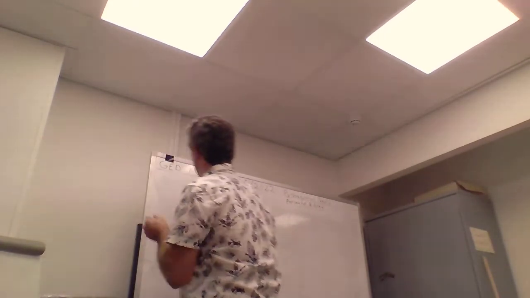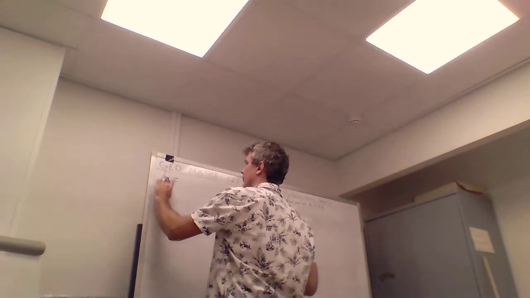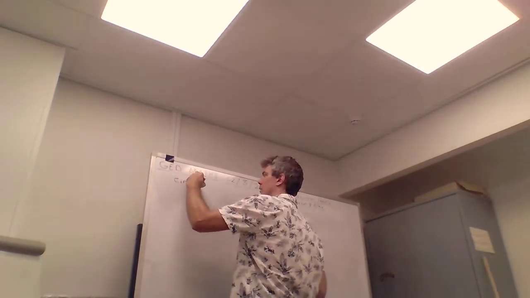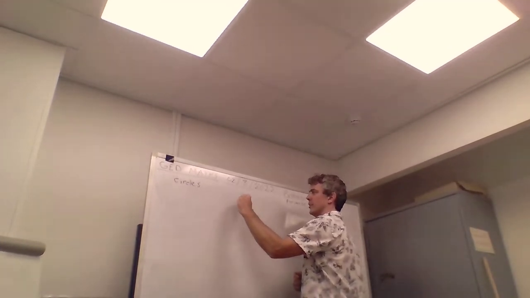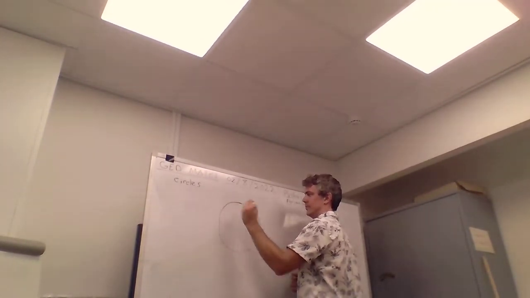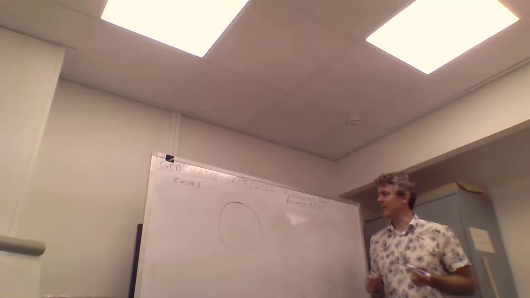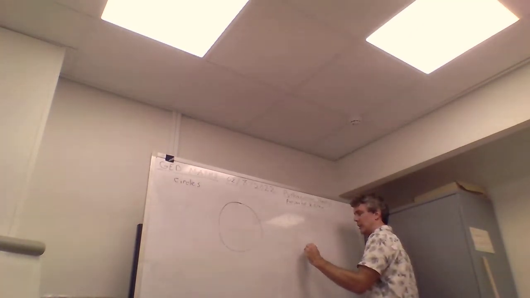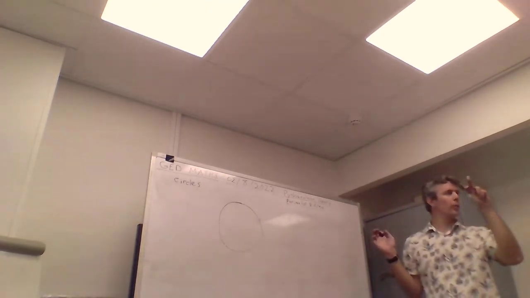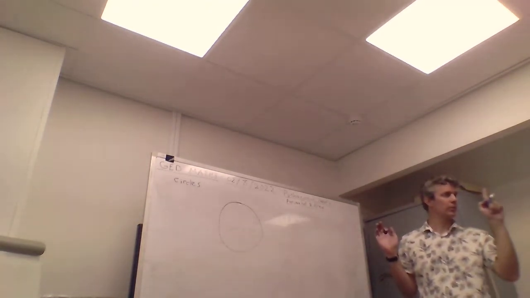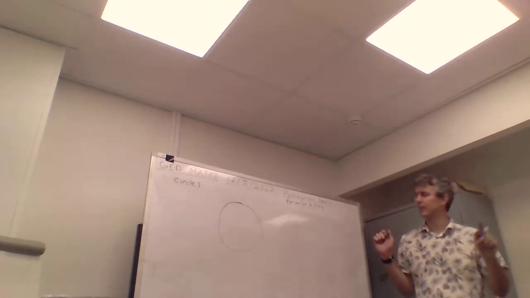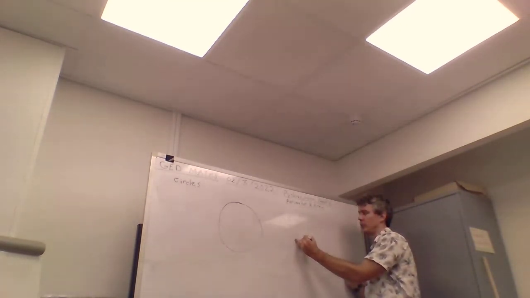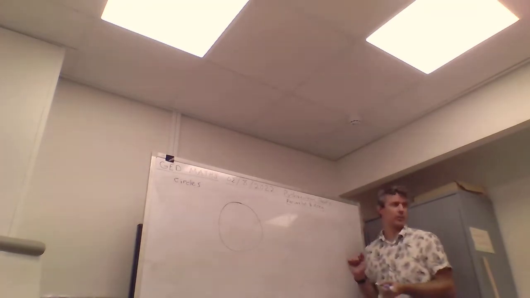Alright. So here's a circle. Right? So basically the definition of a circle is the line of all the points that are the same distance from one point. Alright? So I have this point and I say I want two centimeters away from this.